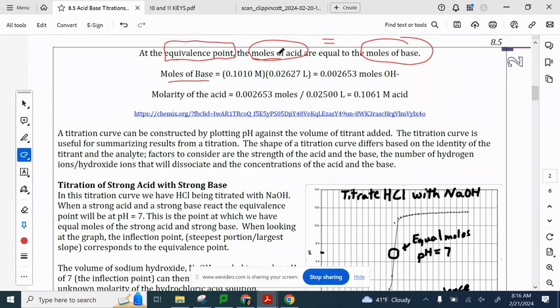So if you know where the equivalence point is and you know the molarity of that base, you know the number of moles of it because you knew the volume that you used, then you can figure out what the moles of the acid are. And you already knew how much you had of the acid because it was 25 mils. That's going to give you the molarity of that acid.